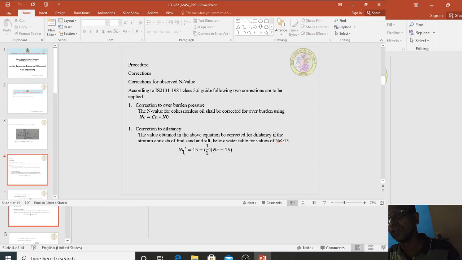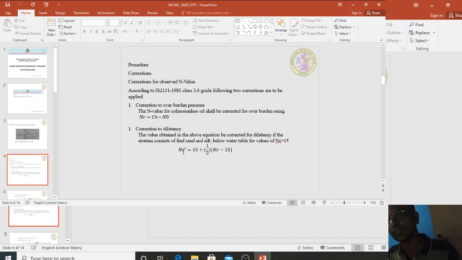Next, whatever N value is obtained, according to IS 2131 1981 class 3.6, it has to be subjected to corrections. There are two types of corrections recommended by the IS code: correction to overburden pressure and correction to dilatancy.